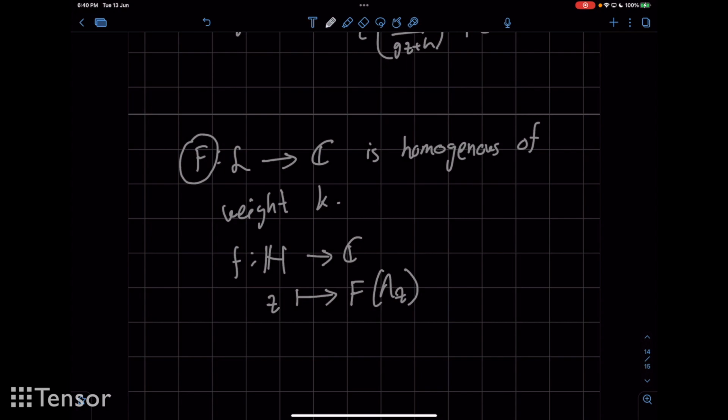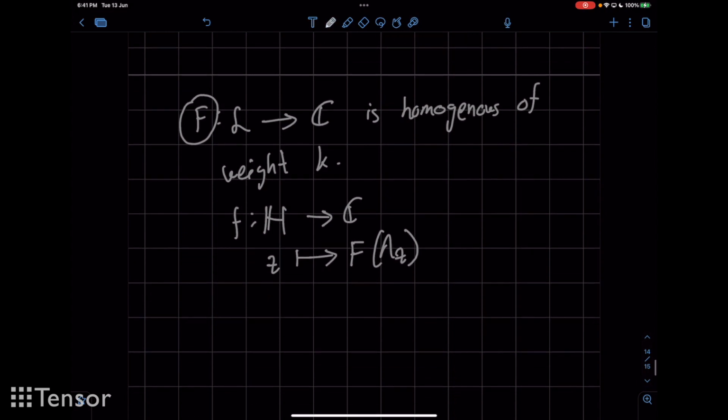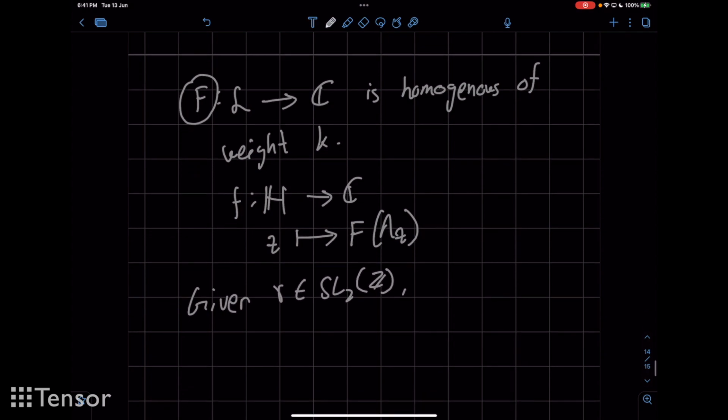Now we are going to verify how the function behaves under the group action defined on H. That is, given gamma in SL2Z, I want to check what this thing is. Okay, so this is my motivation. So now I'm going to check what this is.